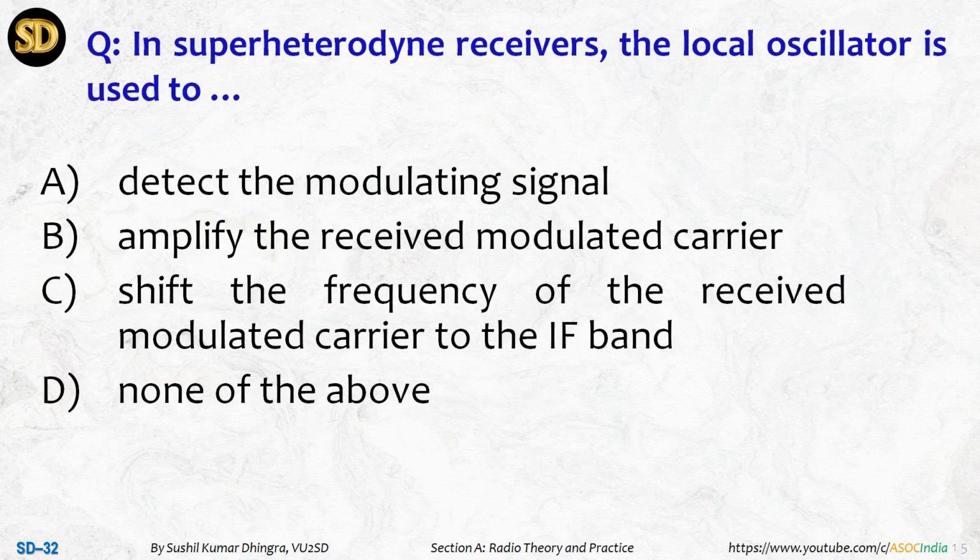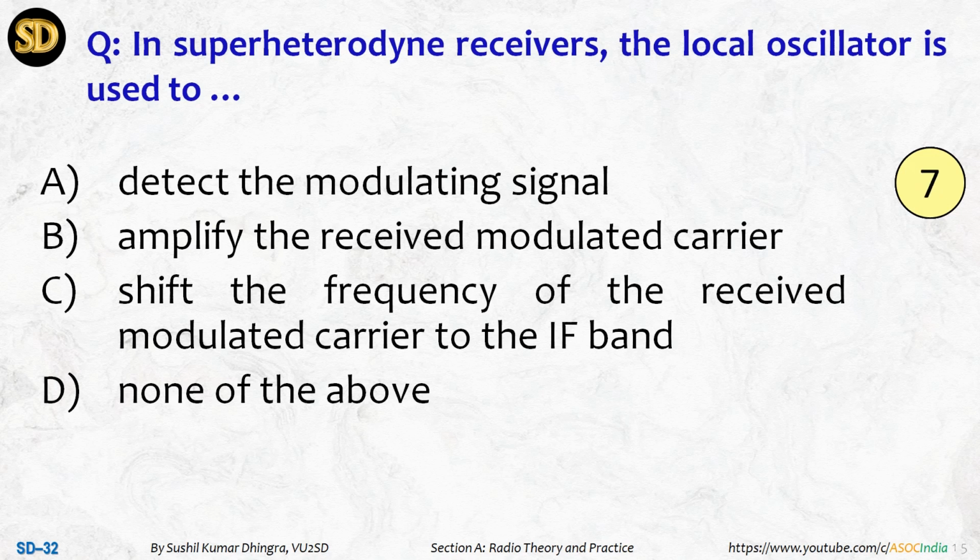In a superheterodyne receiver, the local oscillator is used to what? Detect the modulating signal, amplify the received modulated carrier, shift the frequency of the received modulated carrier to the IF band, or none of the above. Time started.